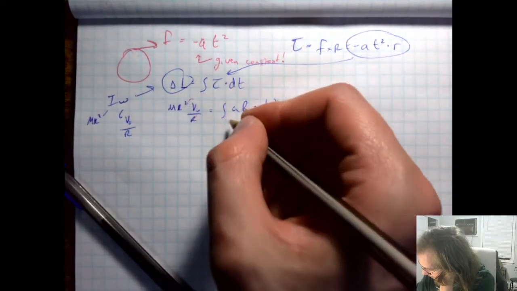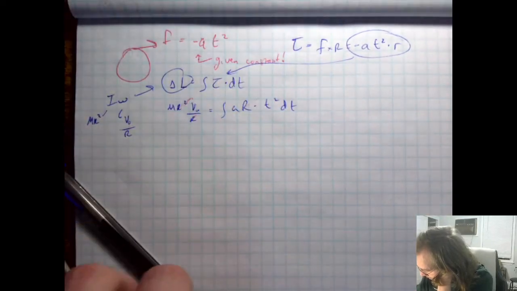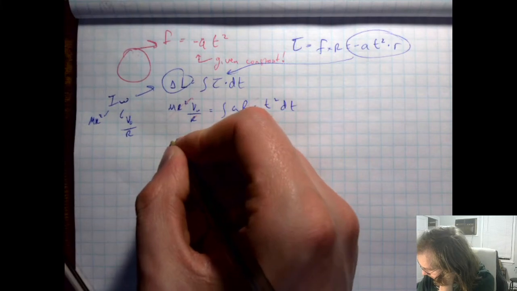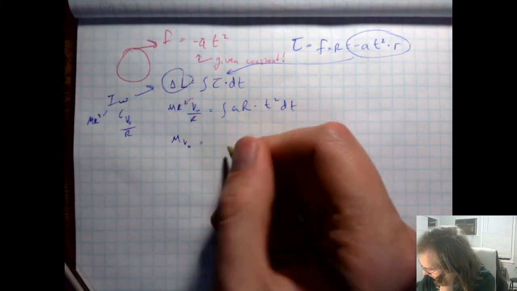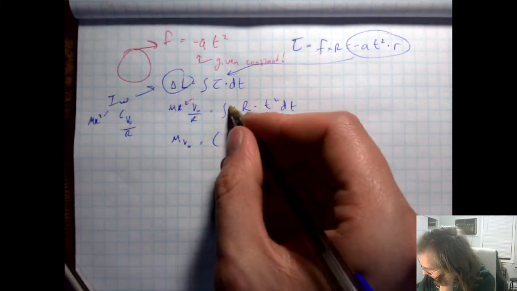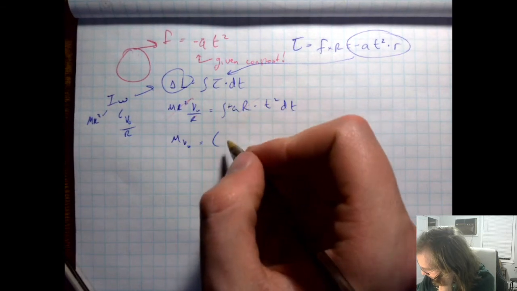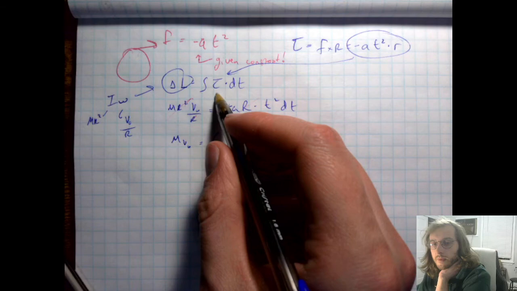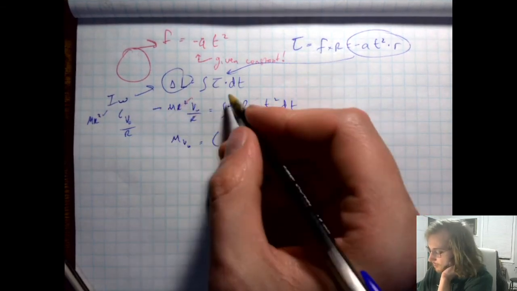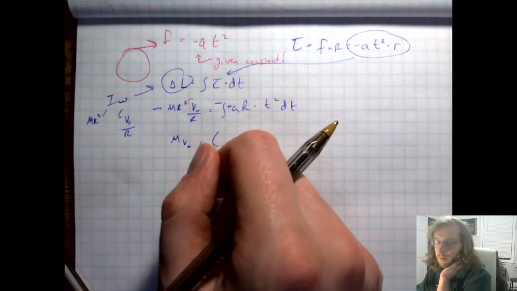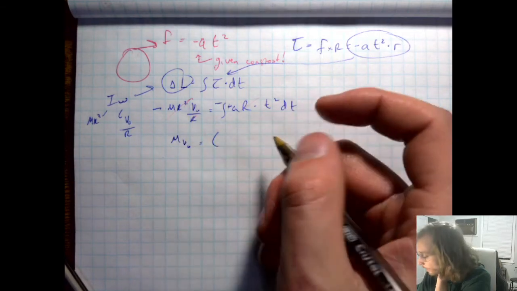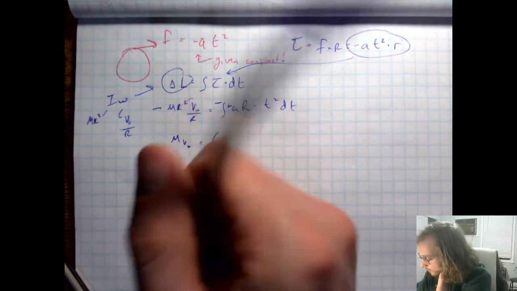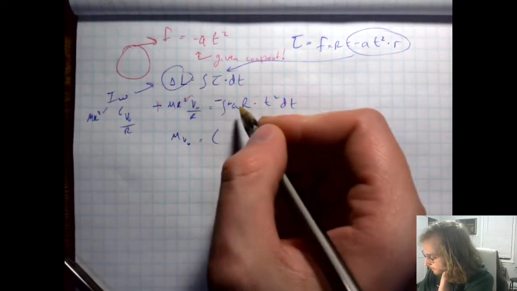The r's on both sides drop, and we're left with m v naught equals... we don't have to worry too much about this negative. We're applying a negative force, we get a negative torque, we're going to have a negative change in momentum, and that'll be coming from our negative torque. So those two drop, and we don't really have to care.